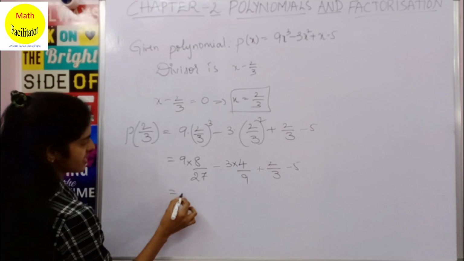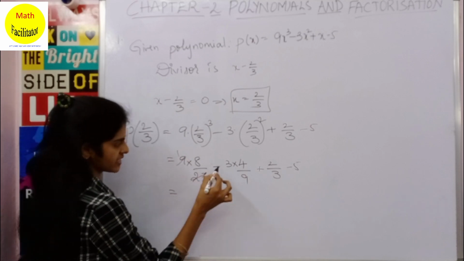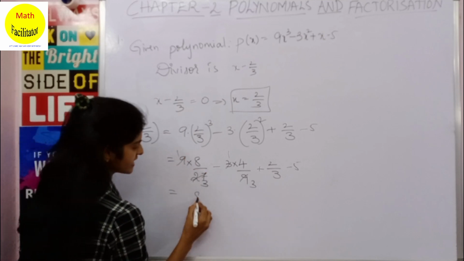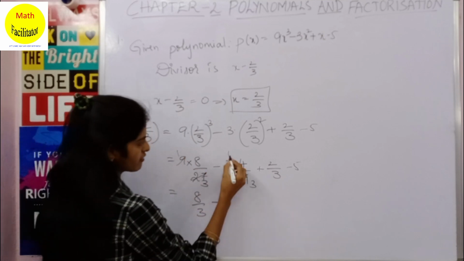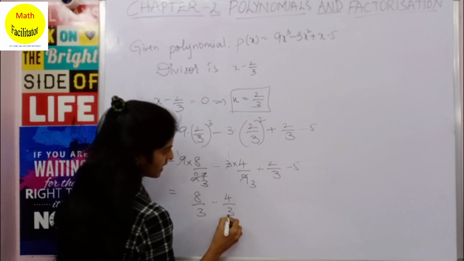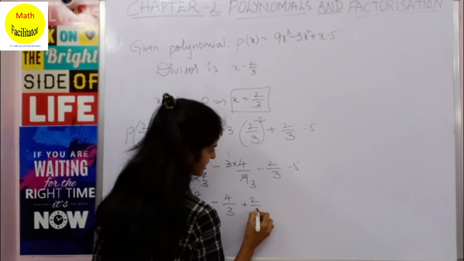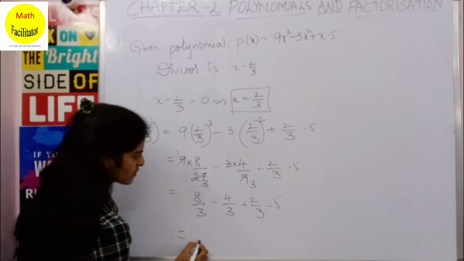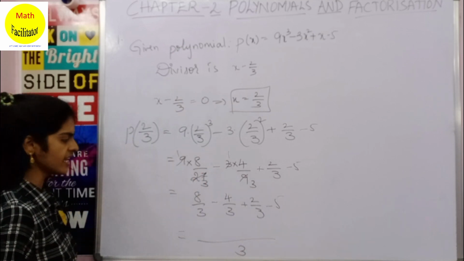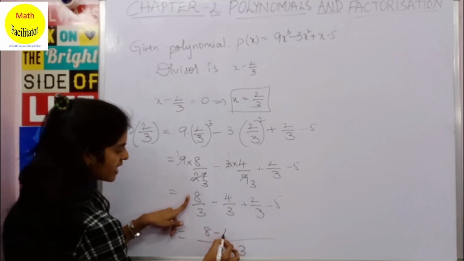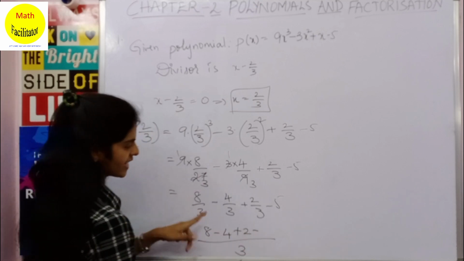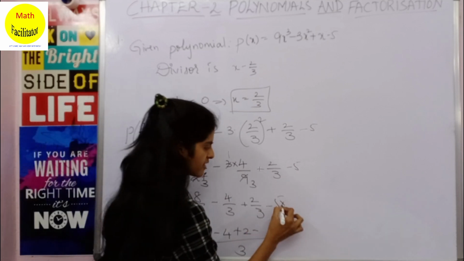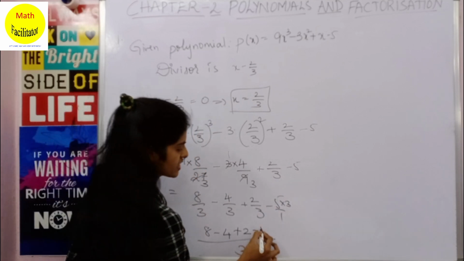So this is nothing but 9 ones are 9, 3 nines are 27, 3 ones are 3, 3 threes are 9. So it is 1 into 8 is 8 by 3, here you have 1 into 4, minus 4 by 3, plus 2 by 3 minus 5. Now simple, let us take the LCM. LCM would be 3. So here it is 8 minus 4 plus 2 minus, now 5 is nothing but 5 by 1, so here you will multiply 5 by 3, so this is 15.